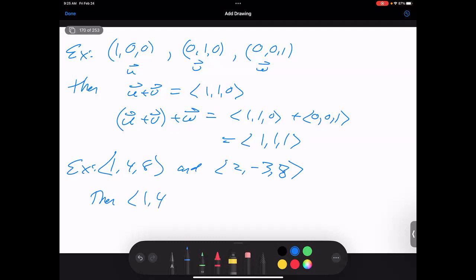Then 1 4 8 plus 2 -3 8 is you just add component by component. So it'll be 3 1 16. So if I want to figure out what is the effect of one vector with another one added, I just add component by component.